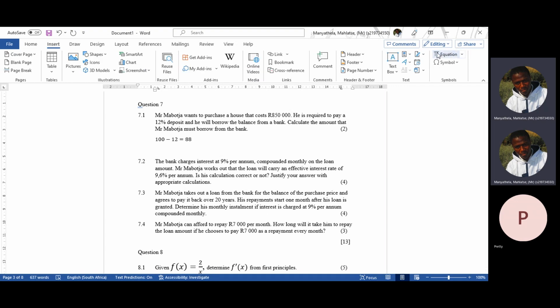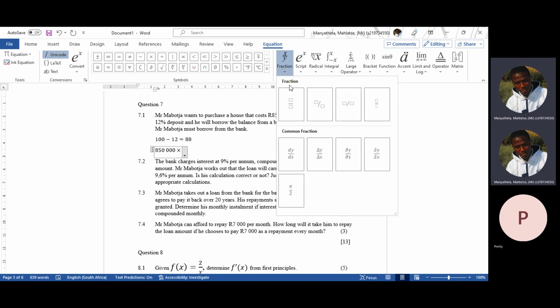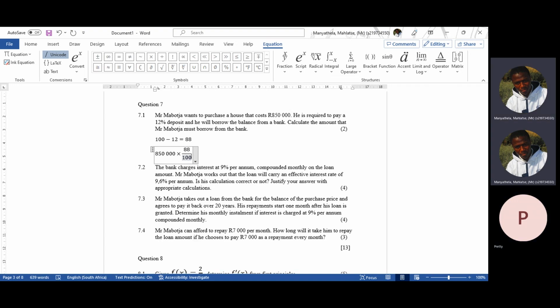So 850,000 multiplied by 88 over 100 gives you 748,000.